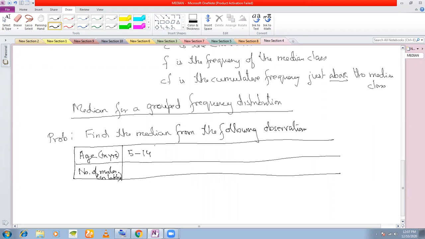The age groups are 5 to 14, 15 to 24, 25 to 34, 35 to 44, 45 to 54, 55 to 64, and 65 to 74.